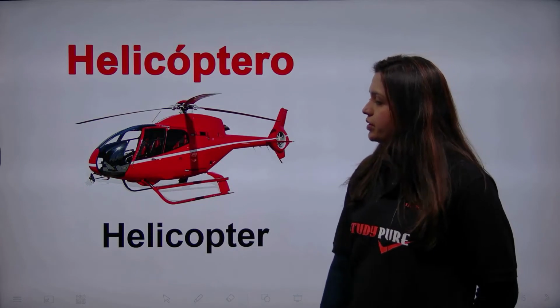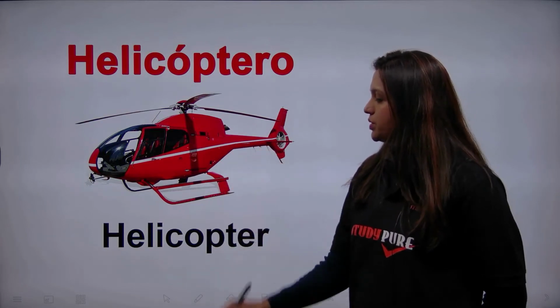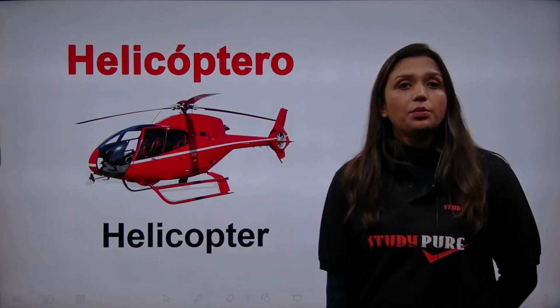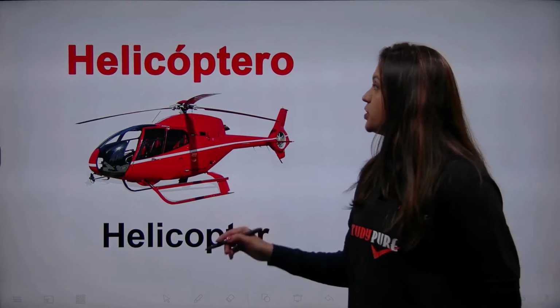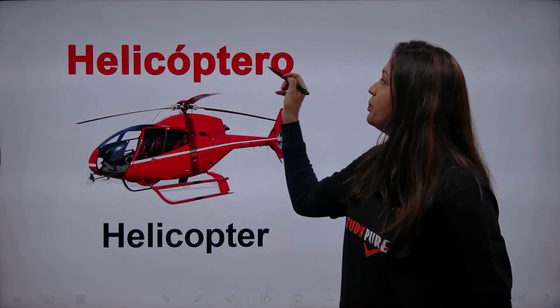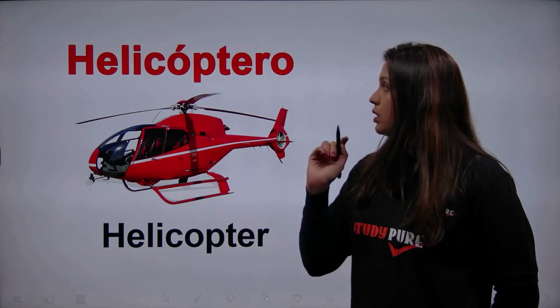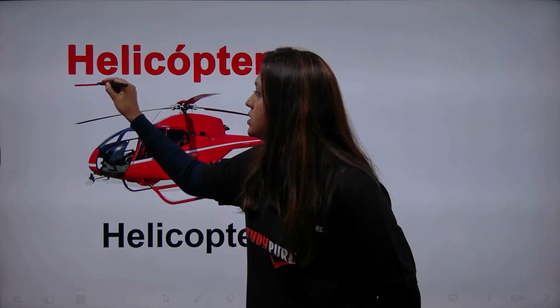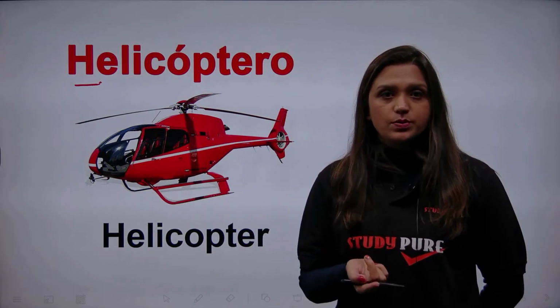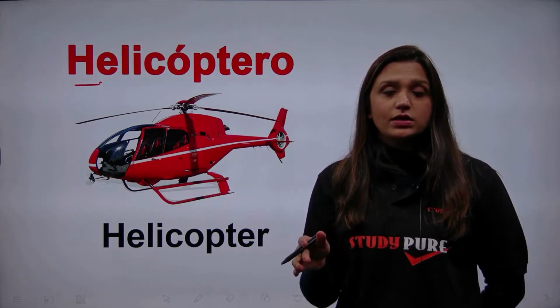We have the next one, the helicopter. And how do we call a helicopter in Spanish? A helicopter is called helicóptero. Now, you will notice that although it begins with an H, we don't pronounce the H in Spanish. H is always silent in Spanish.